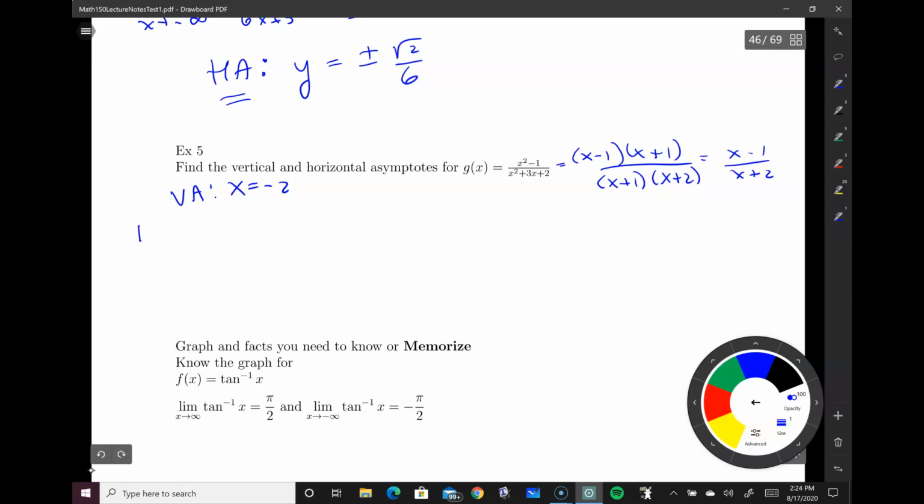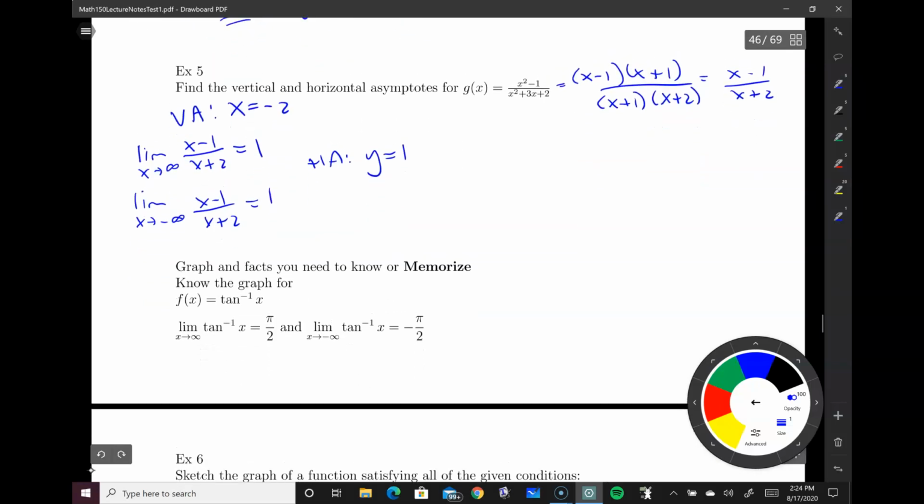Horizontal asymptotes would be the limit as x goes to infinity or negative infinity. So taking highest powers, I get 1. And if I take the limit as x goes towards negative infinity of the same thing, highest powers, I get 1. So the horizontal asymptote will be y equals 1.